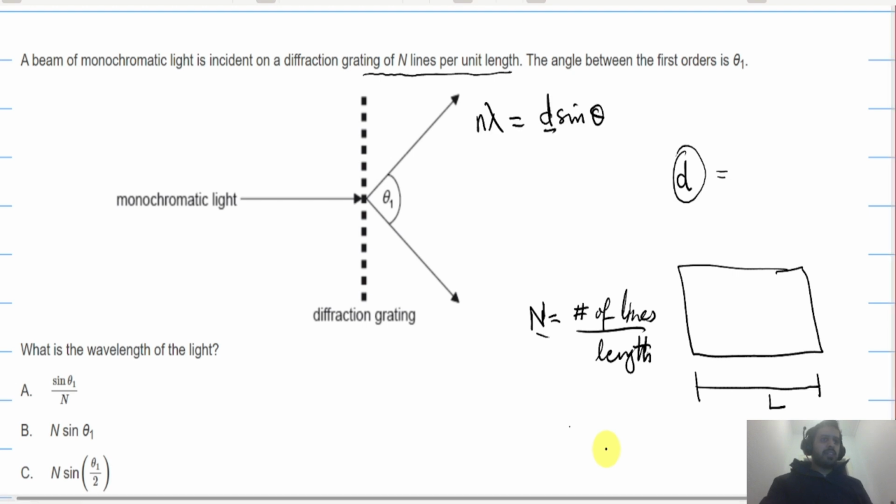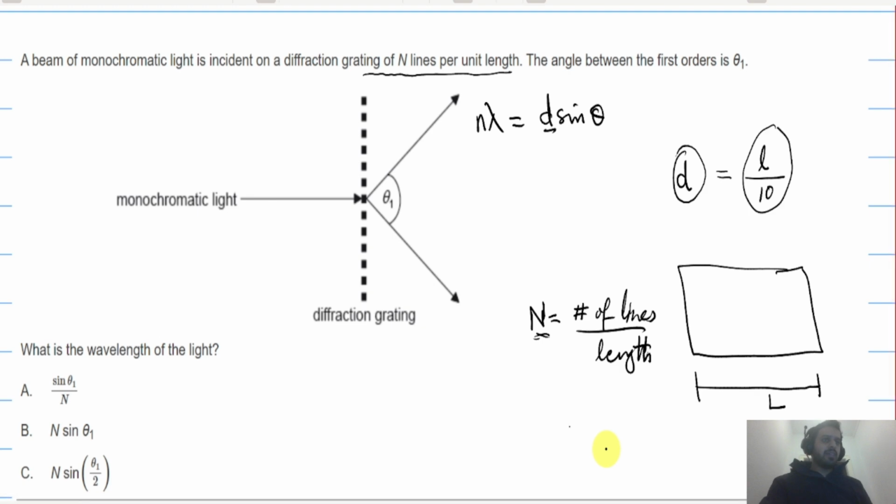It is very easy. If you have some length, let's say L, and you have 10 slits in that length, and if you divide that total length by 10, this will give you the width of each line, right? So you see this length divided by number, and here n is defined as number of lines divided by length.